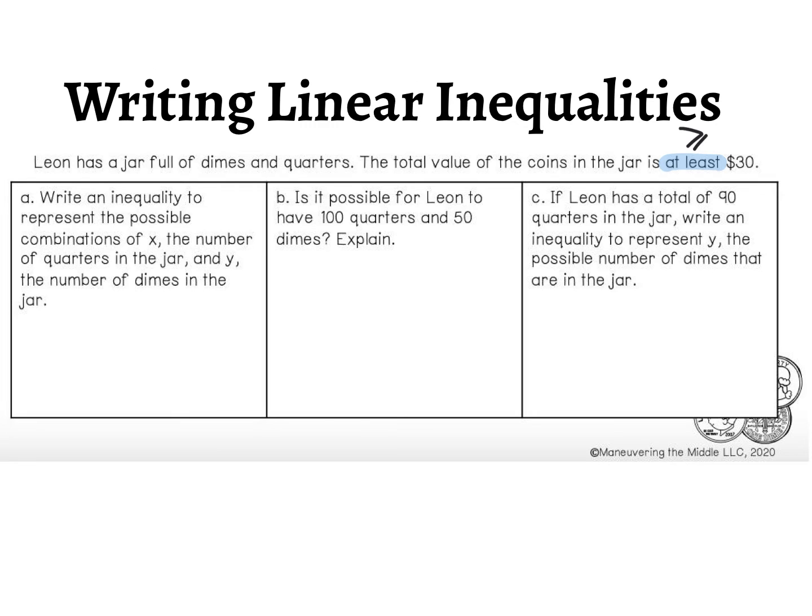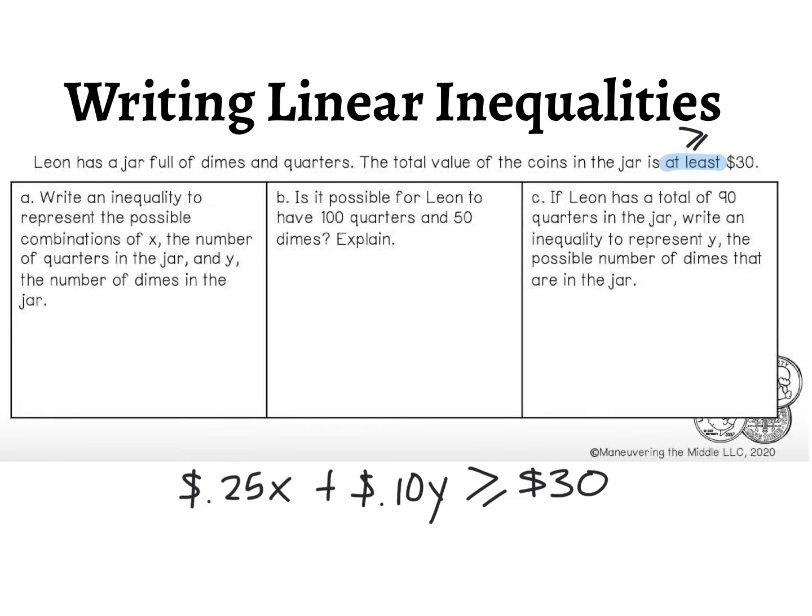So we want to write an inequality representing the combinations of x, the quarters in the jar, and y, the number of dimes in the jar. Quarters are going to be represented as 0.25 of a dollar, so we can put 0.25x, plus dimes are going to be represented as 0.10y, and we say that the jar will have at least $30, so greater than or equal to 30.